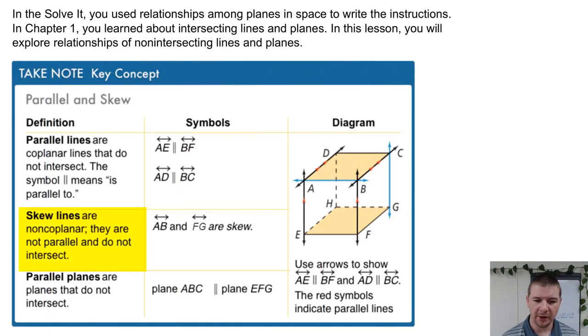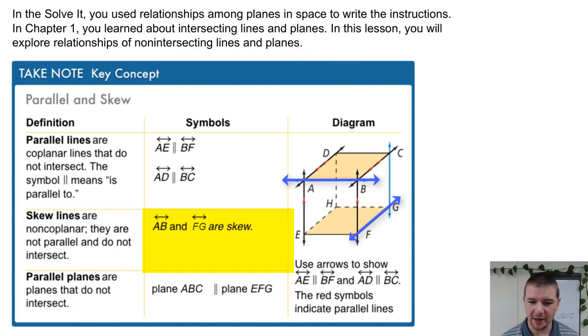Skew lines are non-coplanar. They are not parallel and do not intersect. Line AB and line FG are skew. Parallel planes are planes that do not intersect.